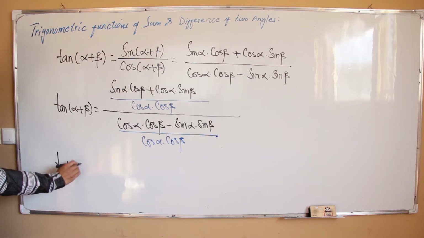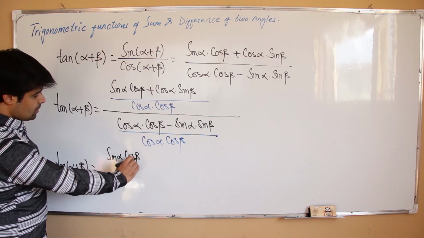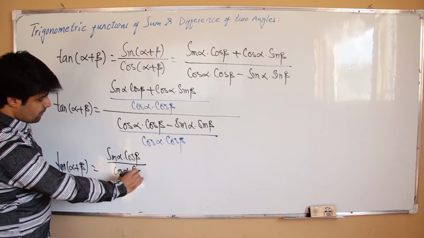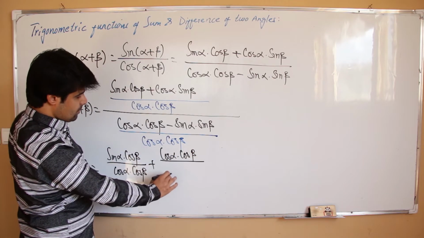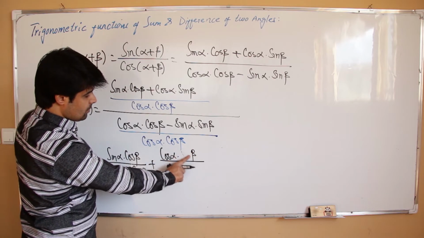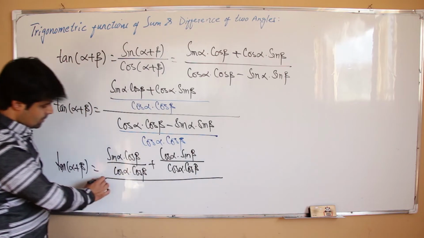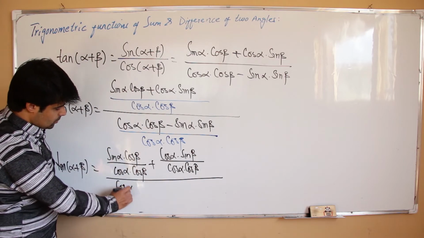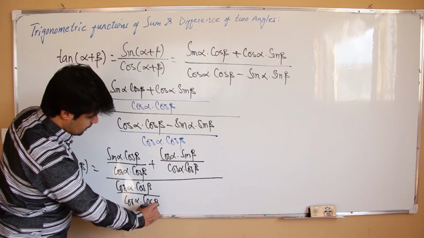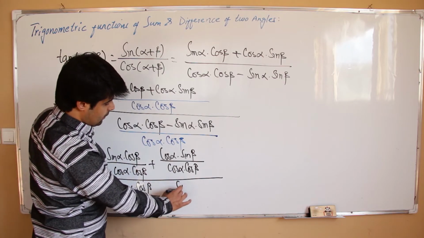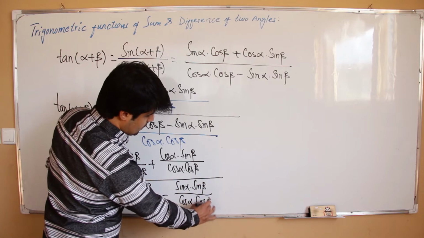Now tangent of alpha plus beta is equal to, here can I write sine alpha cosine beta divided by cosine alpha cosine beta, plus cosine alpha sine beta divided by cosine alpha cosine beta, over cosine alpha cosine beta divided by cosine alpha cosine beta minus sine alpha sine beta divided by cosine alpha cosine beta.